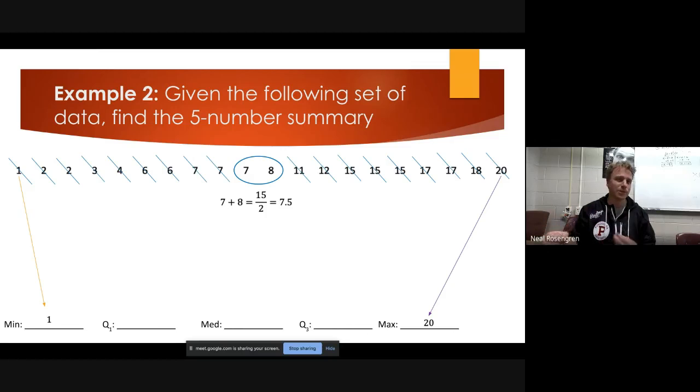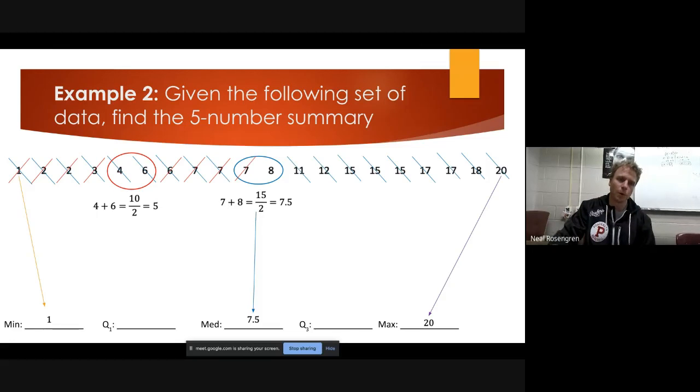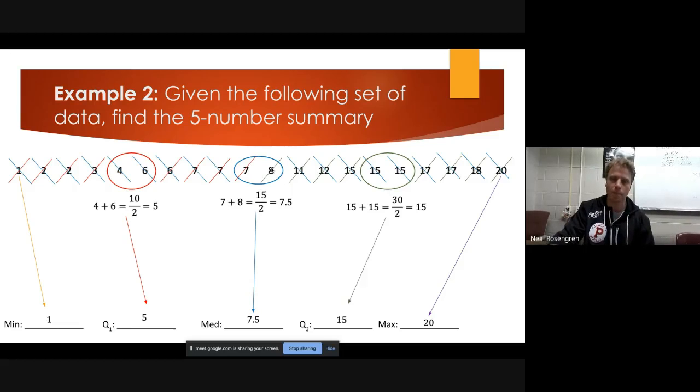Both of those sets are even, so I'm not going to have a middle. I have to do that whole averaging thing again. That's why it works out the way it does, and why this can be hard to do by hand. We can easily make mistakes and say, oh, I shouldn't include the 8 because that was part of my formula for the median. It's really easy to make those mistakes.